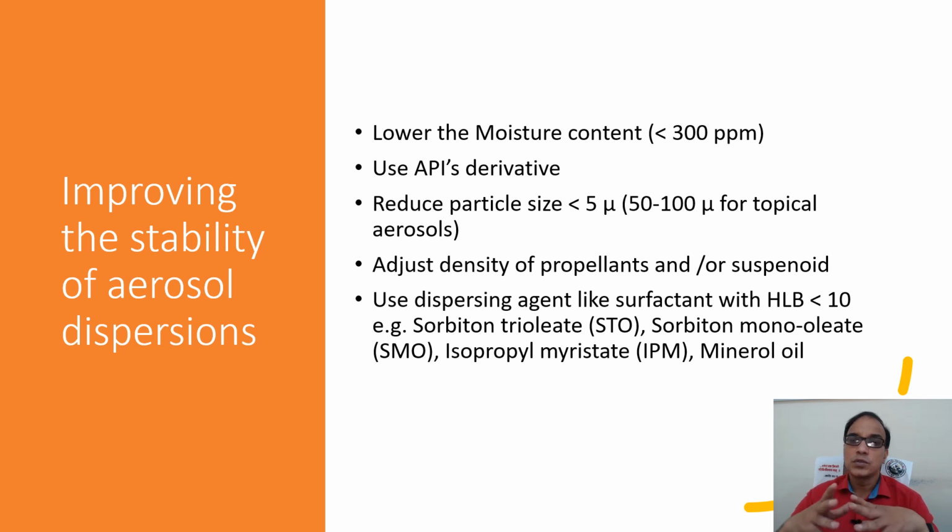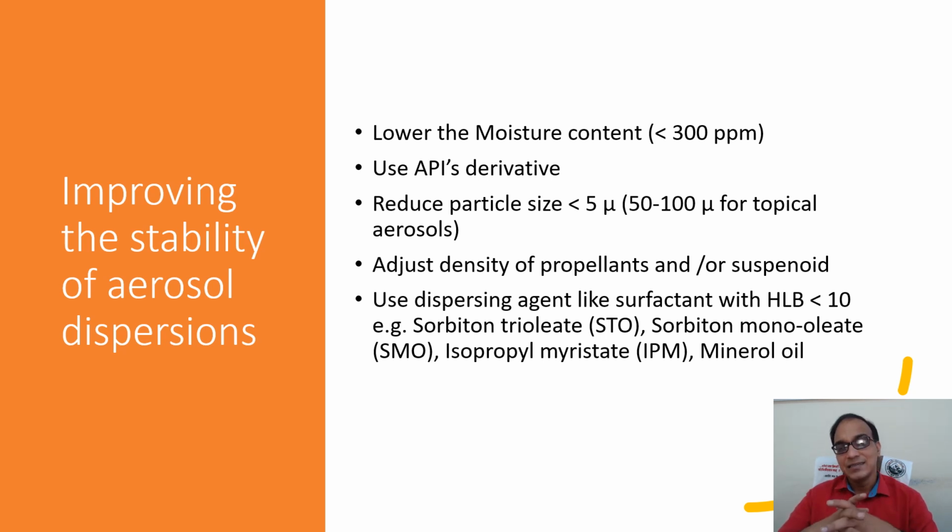If a stability problem is there, we must use an API derivative which is more stable, rather than the parent API, which is not much stable. Then the particle size should be less than 5 micron, or 50 to 100 micron for topical aerosols.